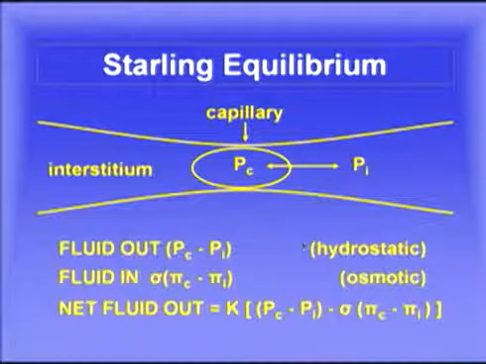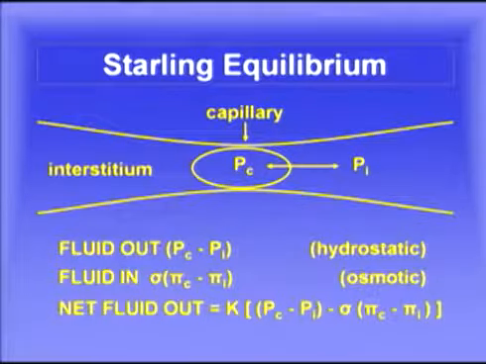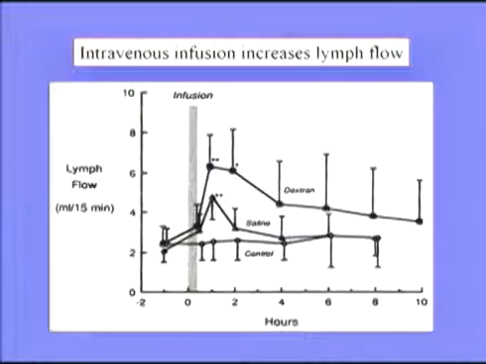Now, that's a very important point, because what that means is that whenever we disturb the equilibrium here, for example, we raise the pressure in the pulmonary capillary, we're going to increase the amount of fluid coming out of the capillary.